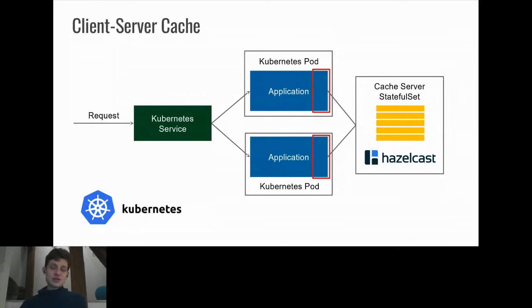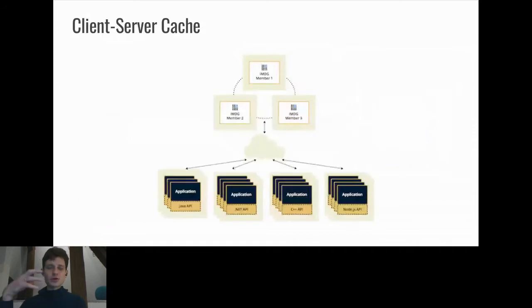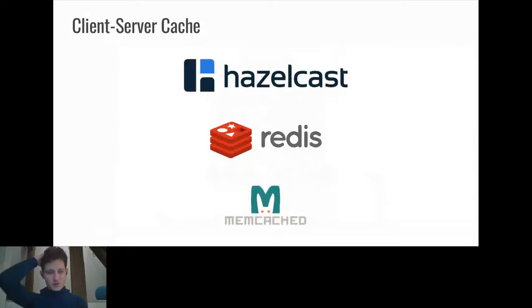And that is usually a very common scenario, that you deploy your cache servers and use different applications to connect to your caching servers. It is such a common topology that Redis and Memcached are just prepared for client-server. They are not prepared for embedding them.